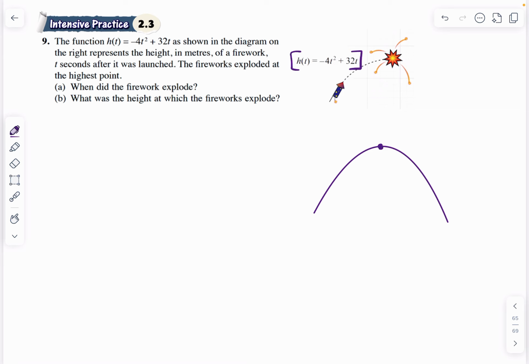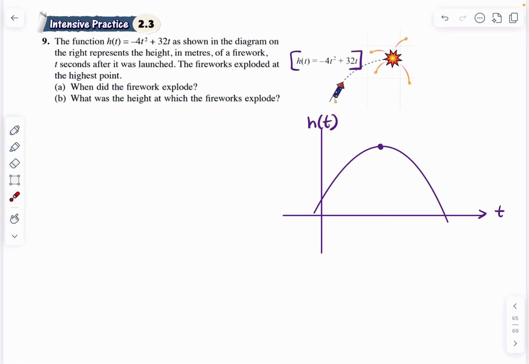Right. So now they're asking when did the fireworks explode and what was the height at which the fireworks exploded. Right. So here, if we were to draw the Cartesian plane, the x-axis would be t and the y-axis would be h(t).